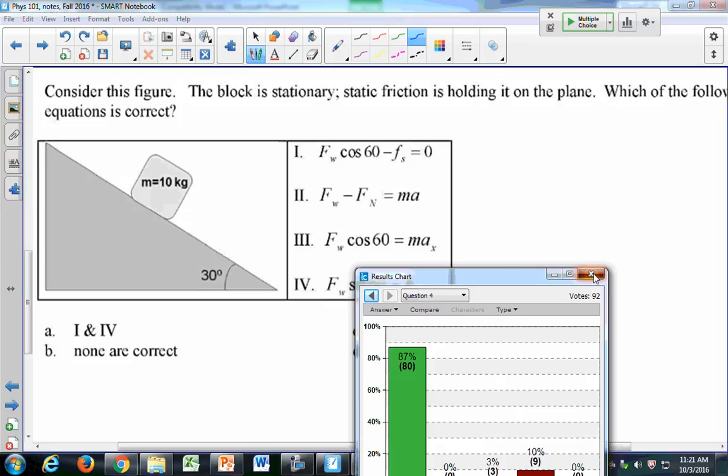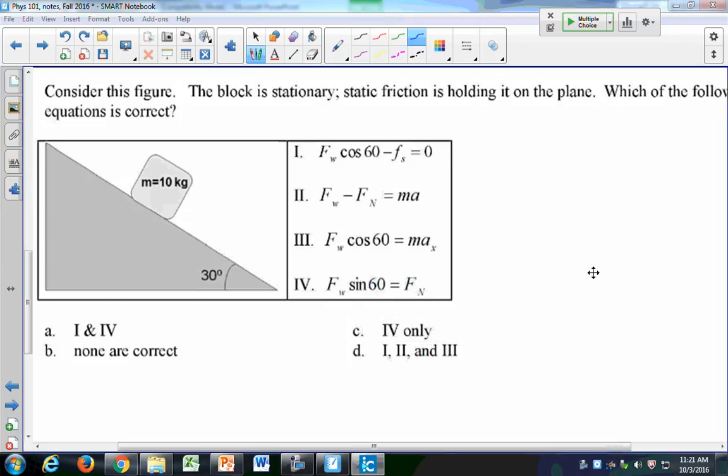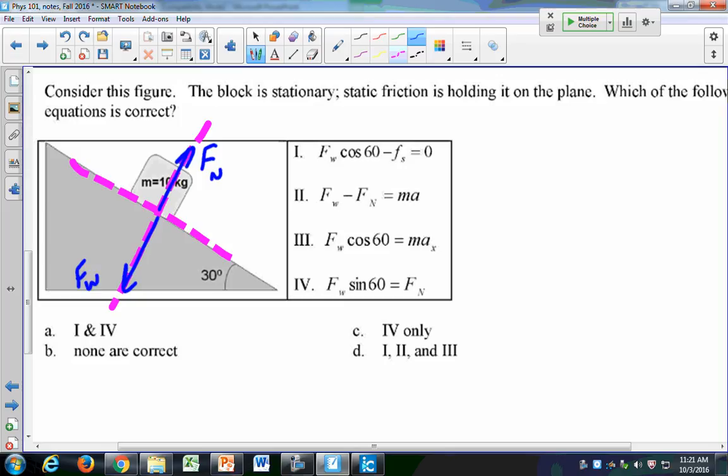Okay, that's great. A is the right answer. We can go through. Let's look at these first and why they're wrong. Fw minus Fn equals Ma. Mainly this is wrong because, well, several reasons. First of all, the normal force is negative, but really, if we draw our coordinate system like this, my normal force is in the positive direction, so this would be Fn, and this would be Fw sine of 60.